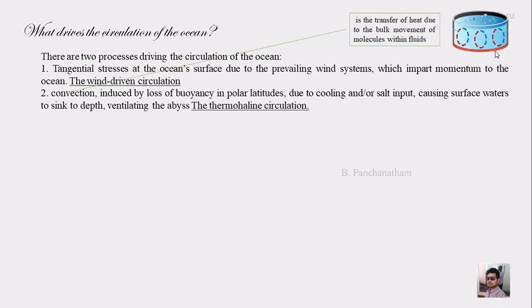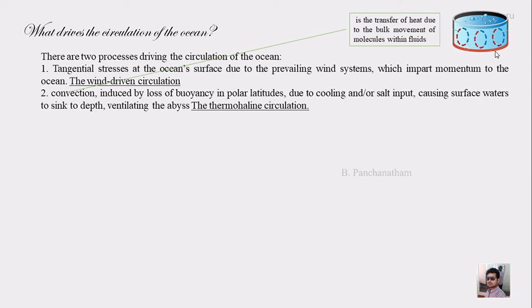The next one is the convection current. Convection is the transfer of heat due to the bulk movement of the molecules themselves within the fluid. Such a movement of water due to the difference in temperature and salinity is called the thermohaline current.